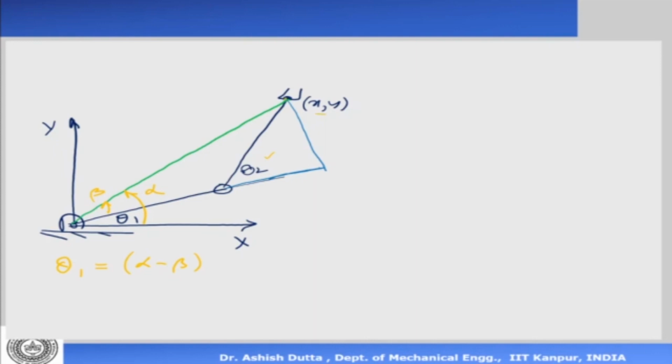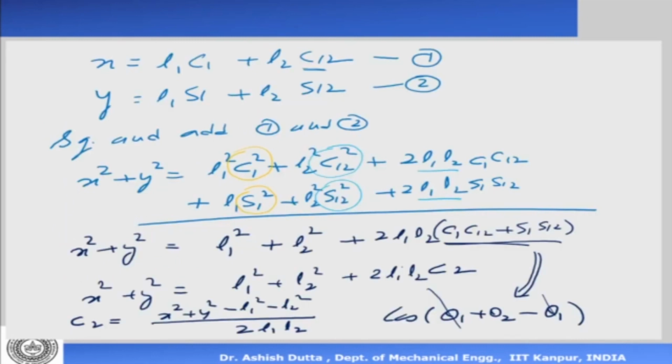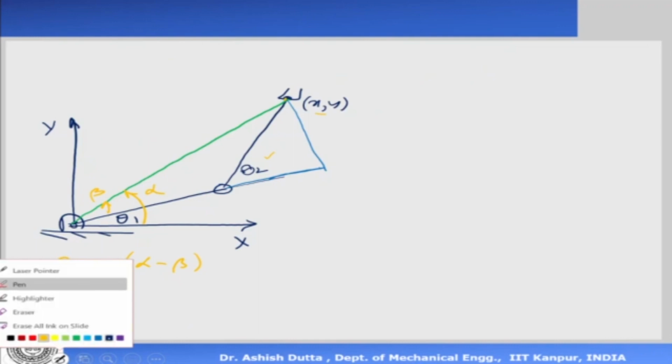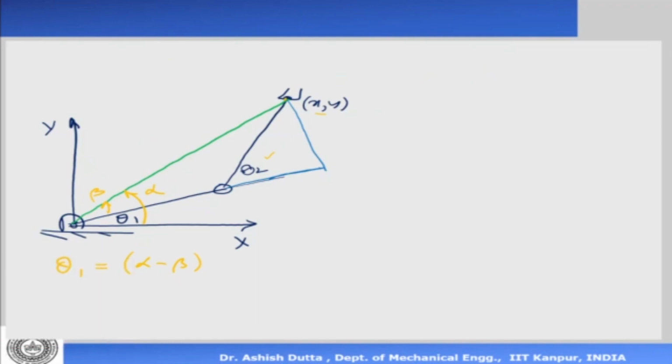Okay, so now what we are saying is that in this equation that we just saw, in the inverse kinematics solution, xy is given, find theta 1, theta 2, right? Here if you see from geometry again, what is tan alpha?